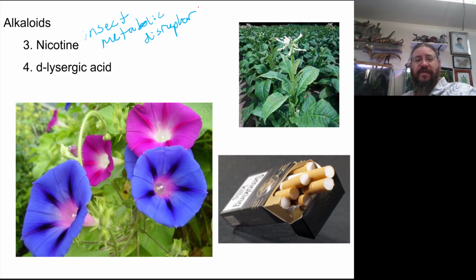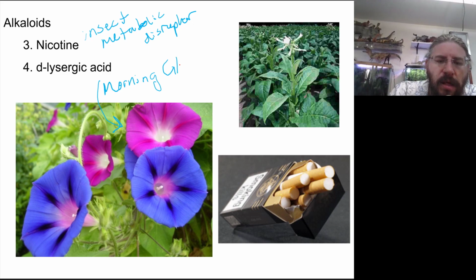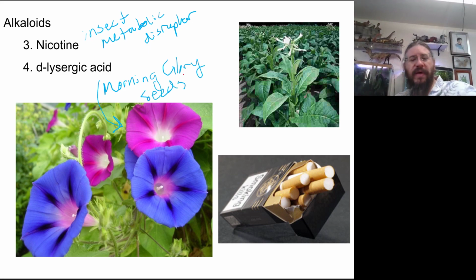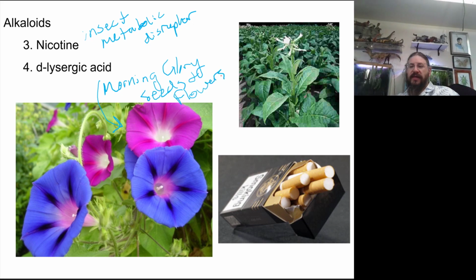An insect defense for the tobacco plant. Addictive chemical for humans. D-lysergic acid is in morning glory flowers, especially primarily the seeds, but in the flowers as well. That's kind of cool.